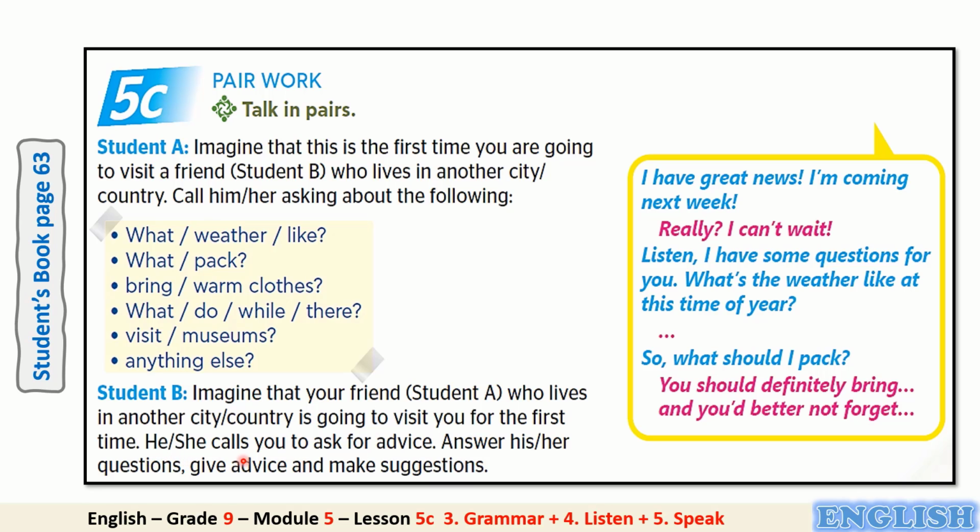He or she calls you to ask for advice. Answer his or her questions, give advice, and make suggestions. And here we are going to complete this dialogue after making or asking these questions and answering them. Now, pause the video, ask and answer.